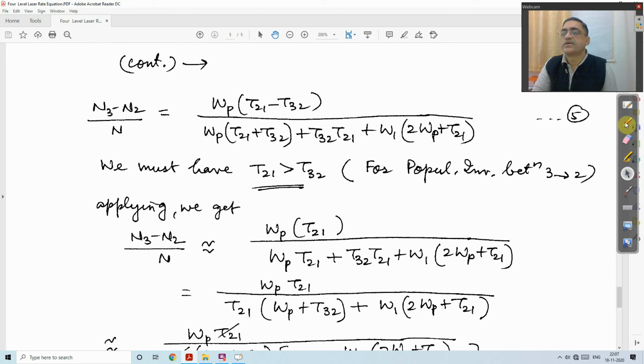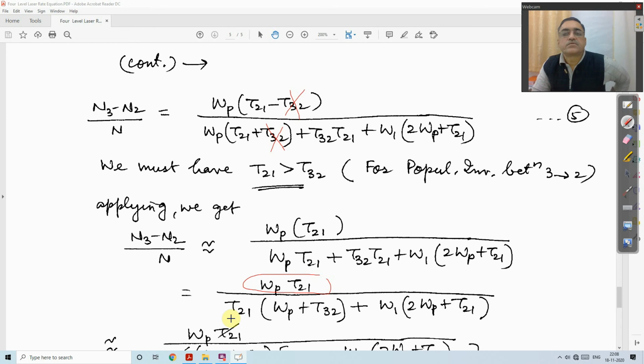Actually, we have applied this approximation in the numerator also, and we have the simplified equation then WP T21.